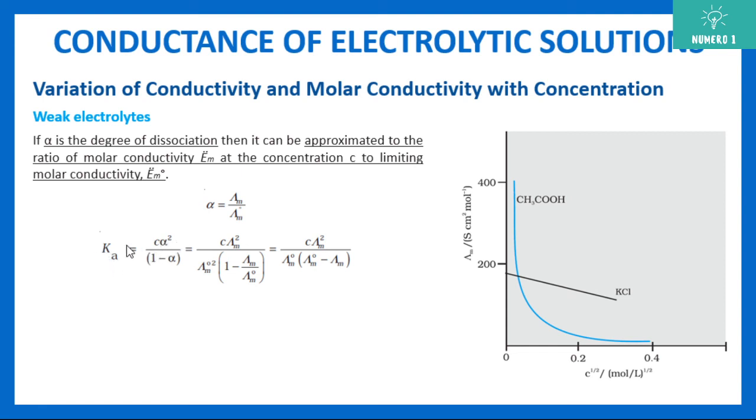When you put the value of Ka, that becomes C square alpha square upon C(1 minus alpha). One C cancels with C square, hence you get C alpha square upon 1 minus alpha. Now you can put the value of alpha as lambda m upon lambda m naught. When you do that, you get a relation between Ka and limiting molar conductivity values.